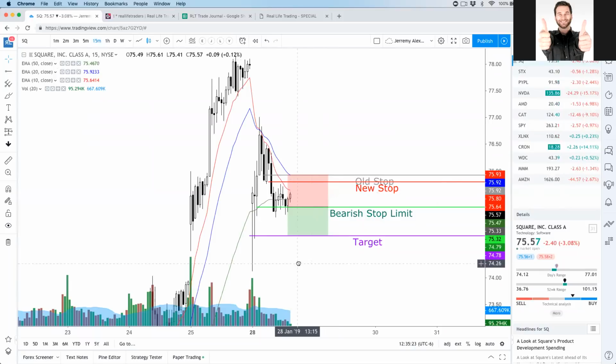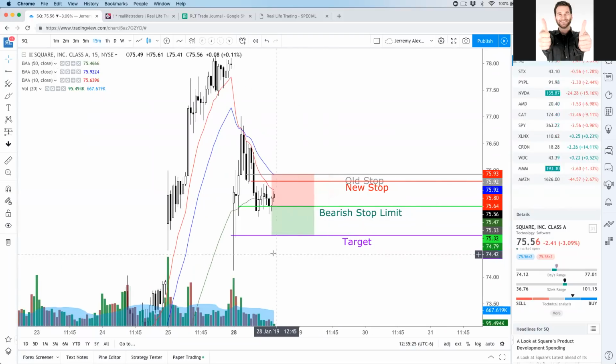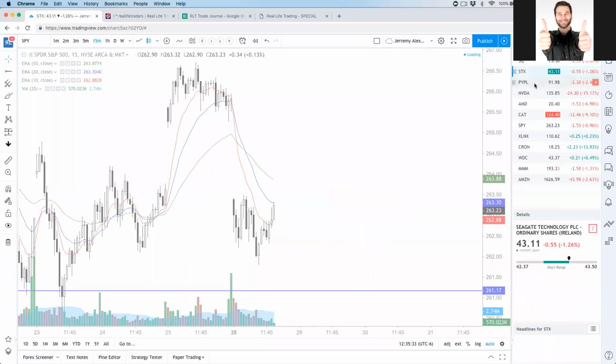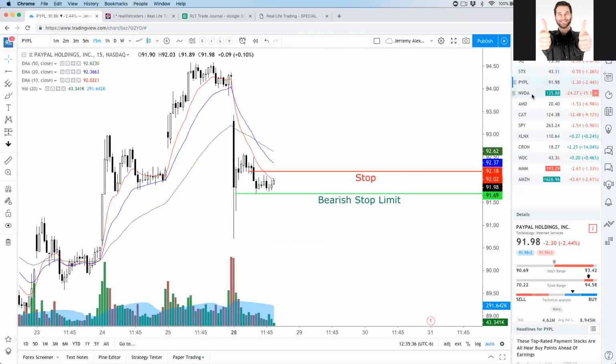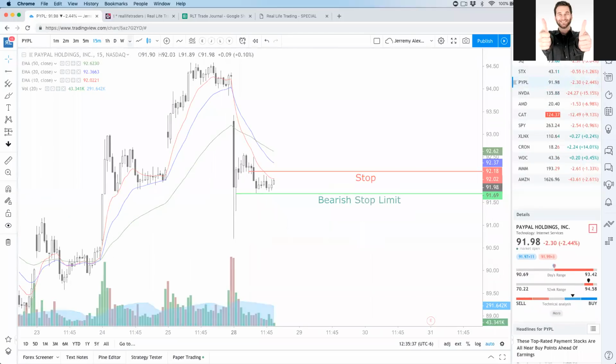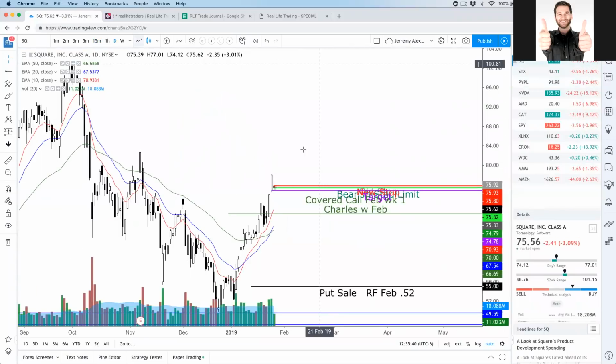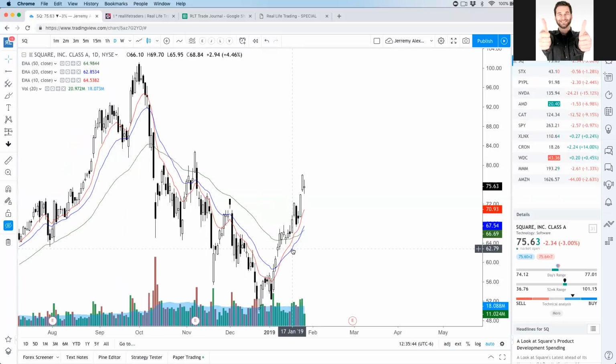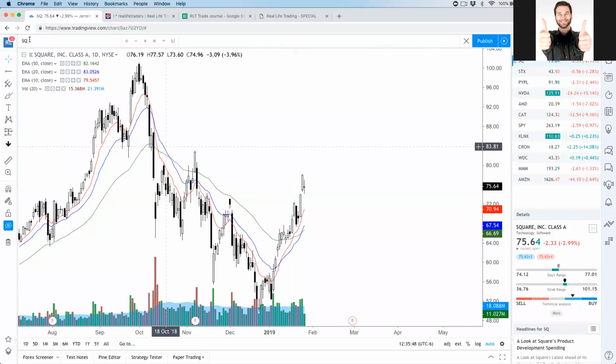Again, I want to keep my stop above the 10 on this 15 because it has interacted kind of bearish with that price before. And we'll see if that ends up getting pressed down. Maybe it does, maybe it does not. What I can say, and what's nice about Square is, as far as a swing trade's concerned, there's a lot of traders bullish right now on Square as well, with all kinds of different strategies, all kinds of different setups.